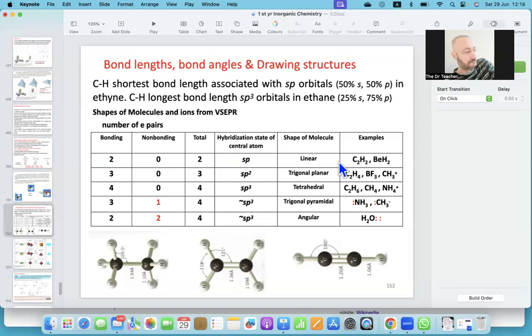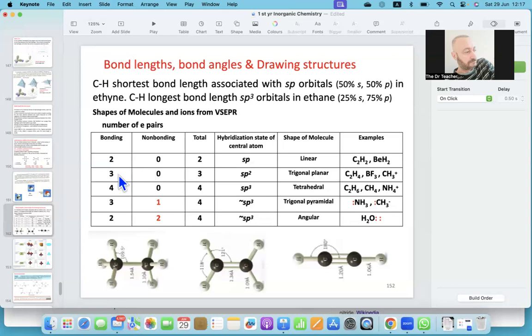And it is linear. So the linearity is in acetylene and in beryllium hydride, or dihydrogen beryllium. Now, these molecules possess linear shape.